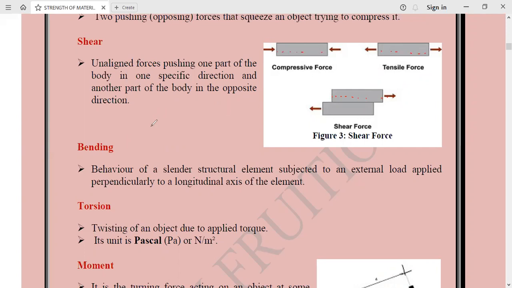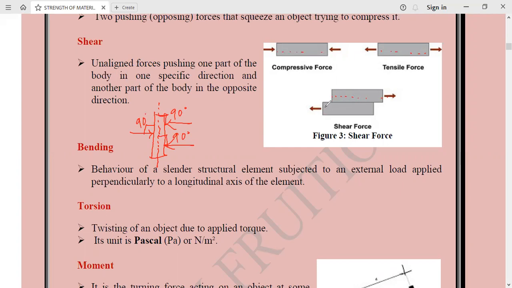But here in bending, suppose this is the element, so this is the longitudinal axis of the element. We apply force perpendicular to the longitudinal axis of the element. So this force is perpendicular to the longitudinal axis. And this force is also perpendicular to the longitudinal axis.